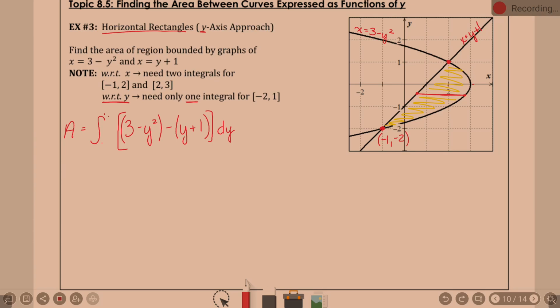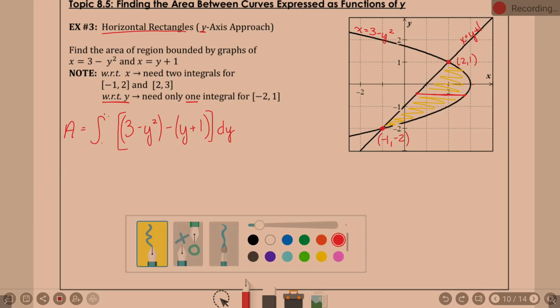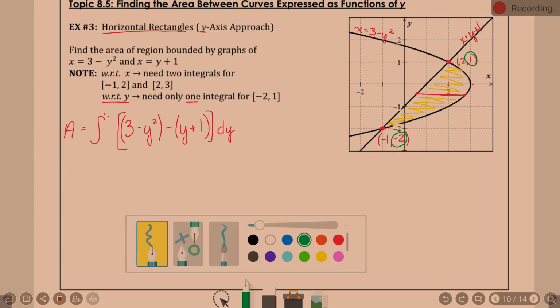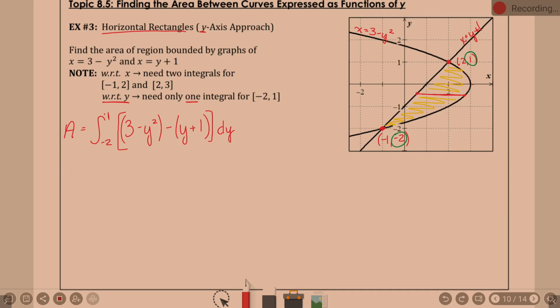This ordered pair up here is 2, 1. Okay. I need the y values. What are my y values? So we're going to evaluate this integral on the y value from -2 to the y value of 1. Okay. Are we okay with that?